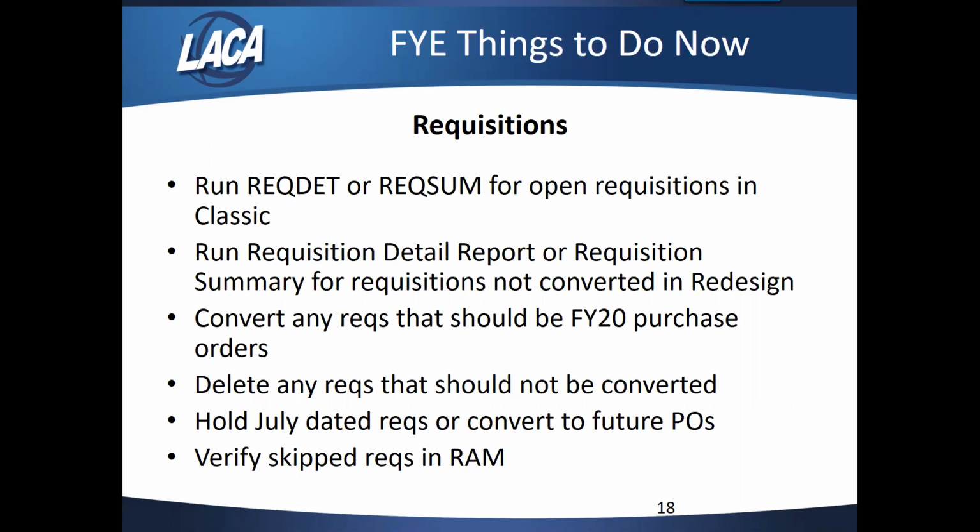Some districts hold off and some districts use future purchase orders. So whichever method your district uses, review those and keep an eye on those on these reports. We also recommend, if you are a RAM district, reviewing the list of skipped requisitions in RAM and trying to clean those up as well.